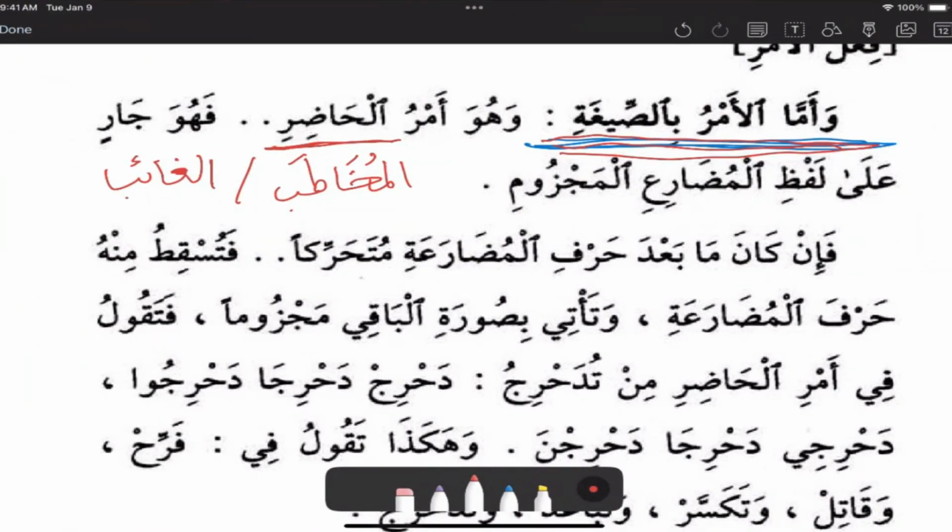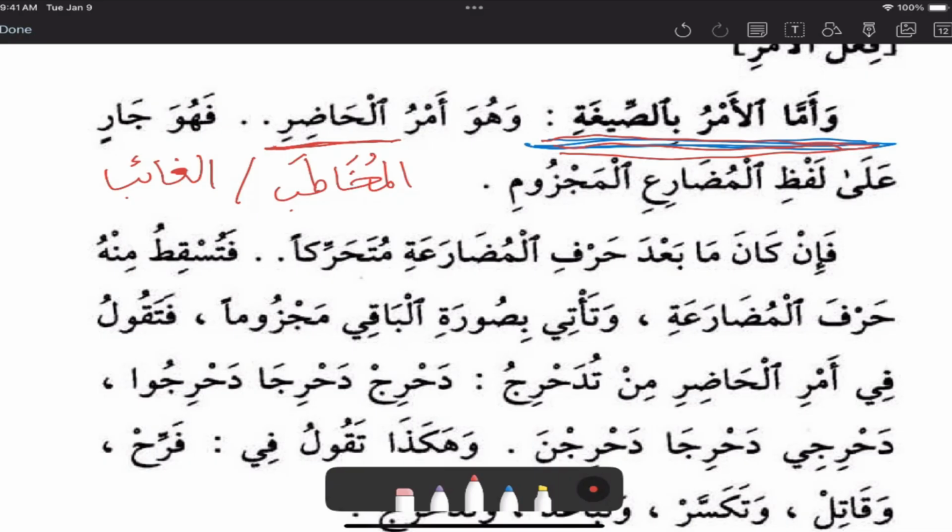So he said, وَهُوَ أَمْرُ الْحَاضِرِ. This command that we are discussing is commanding the present person, meaning the one you're speaking to. فَهُوَ جَارٍ عَلَى لَفْظِ الْمُضَارِعِ الْمَجْزُومِ. It is running.